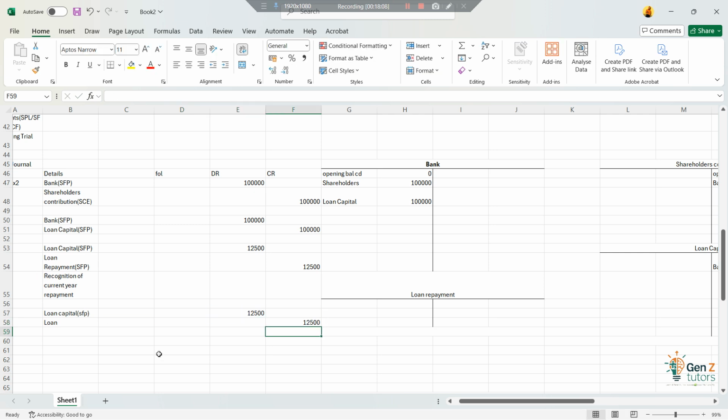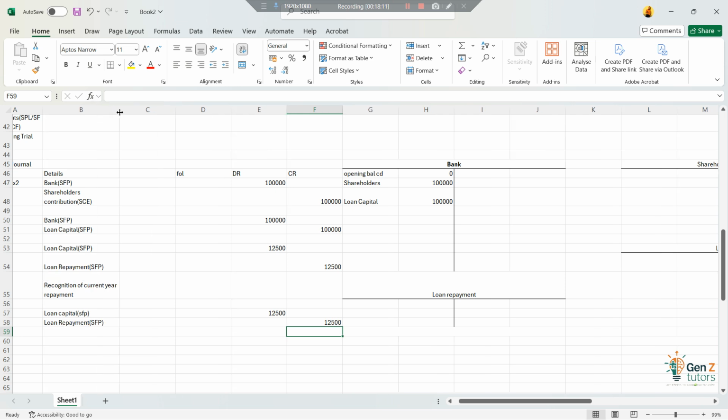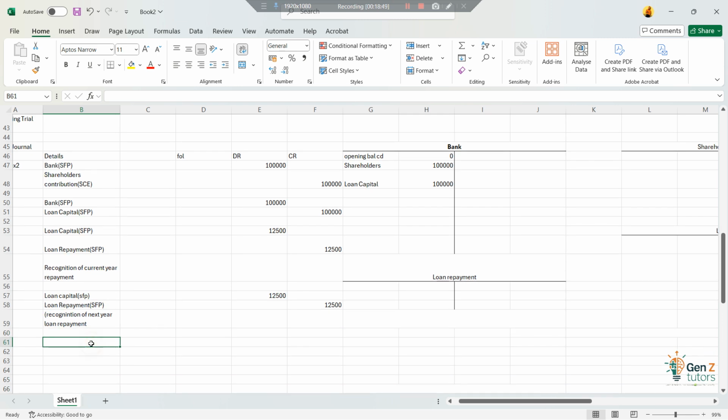So now we're going to double this transaction again: we reduce our loan capital in SFP, and since you said it's equal yearly installments, it's going to be the same amount over here. And then here we say loan repayment again, it's going to be this 12,500. Then we are good to go.